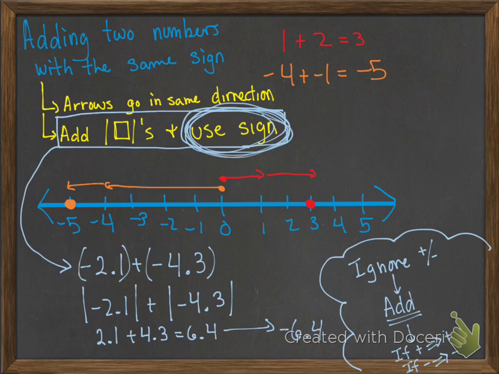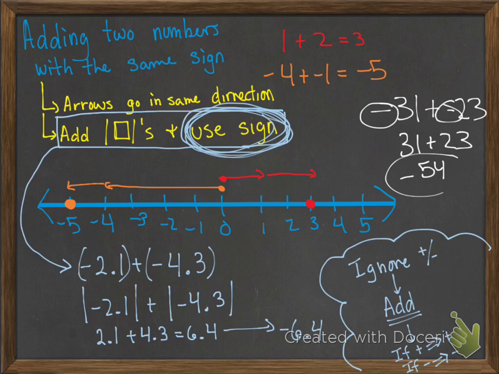So an example of this would look like negative 31 plus negative 23. I'm just going to ignore the symbols and do 31 plus 23, which gives me 54. And now I see they're negatives, so I'm going to throw a negative on, and then I'm done.